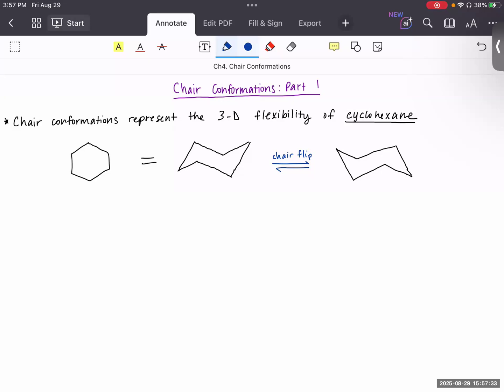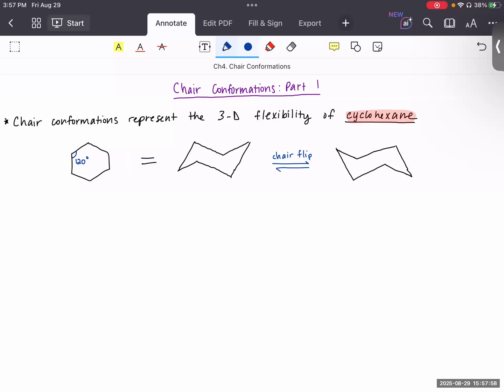All right, so chair conformations are relevant for molecules that contain cyclohexane. And cyclohexane is capable of adopting some pretty unique structures because of the angles that a hexagon has. A hexagon by itself, if it were flat, would have 120 degree angles all around.